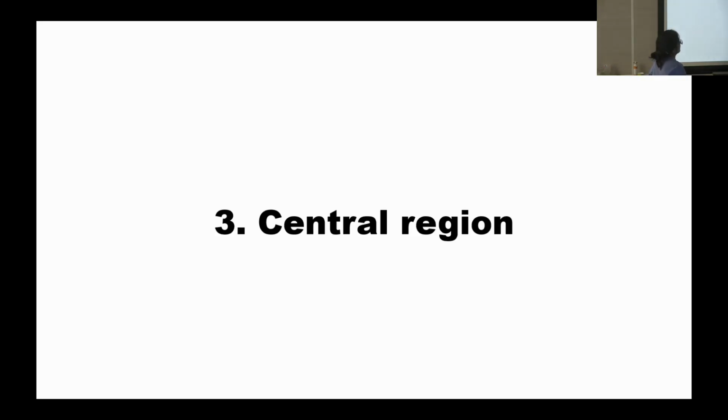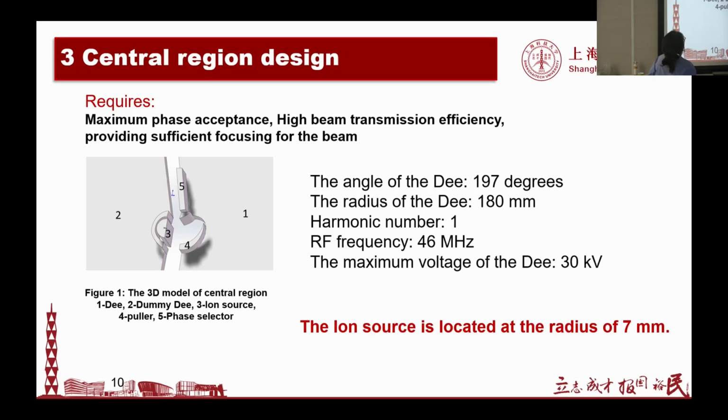The next part is central region design. Central region design is a critical design in the magnetic design. Due to the initial beam energy being very low, the central region design significantly affects the intensity and quality of the extracted beam.